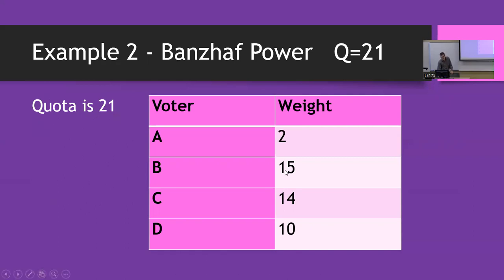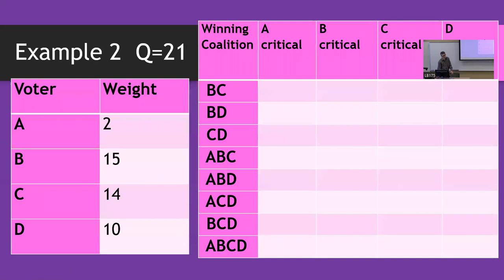And again, that's interesting because you think, well, B has more weight than D, but they ended up with the exact same power. Right? A had weight, but ended up with no power at all.